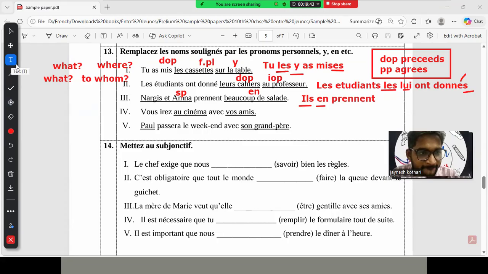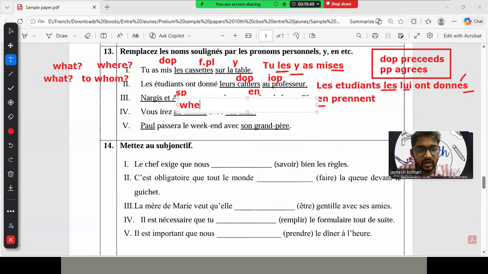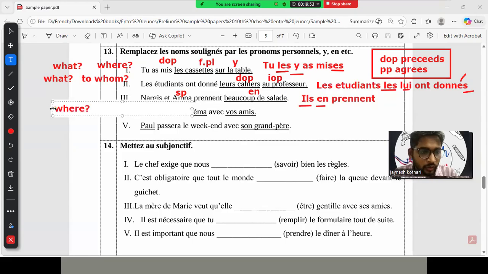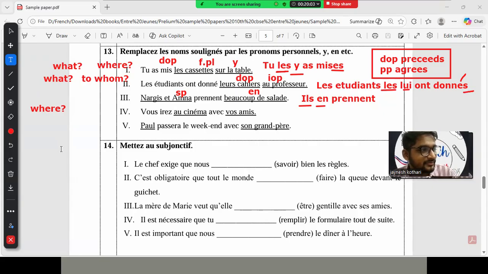Going to the fourth one. Vous irez au cinéma avec vos amis. Yeah, you will go to the cinema. Where? So when you ask the question where, that is your pronoun Y. And tell me which is the second pronoun? Avec vos amis.